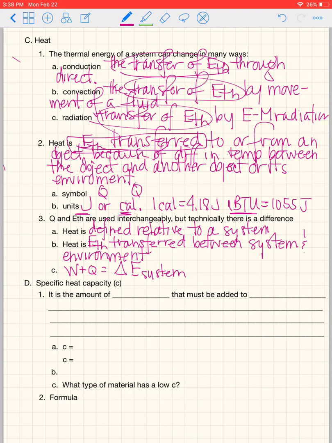It takes a lot more time for the transfer to occur. Specific heat capacity kind of measures that in an object. And you've already learned this probably in chemistry, but it's the amount of heat, so I'm transferring thermal energy, that must be added to a unit mass of a substance.